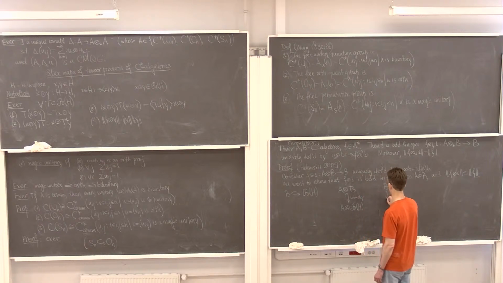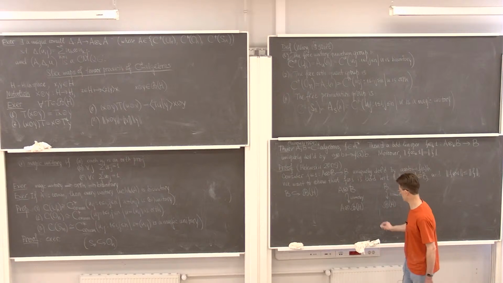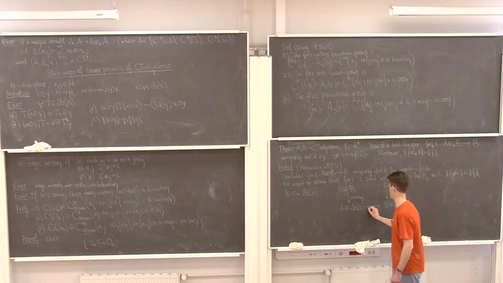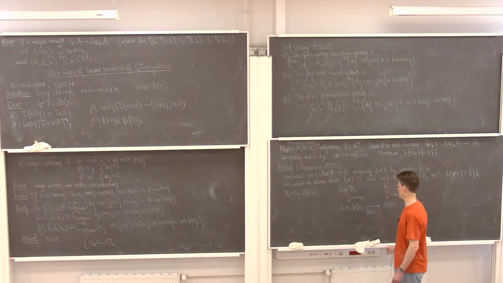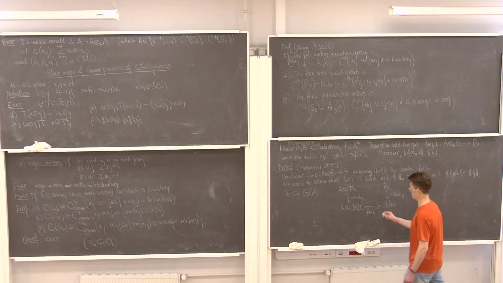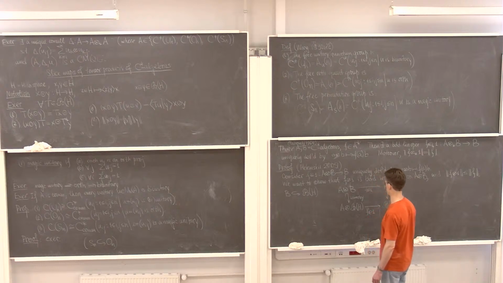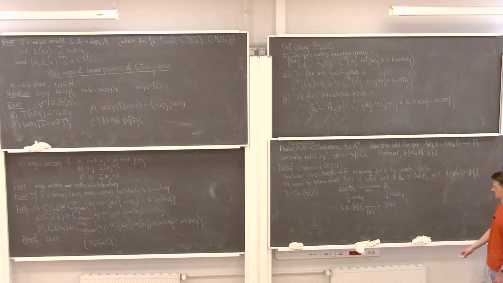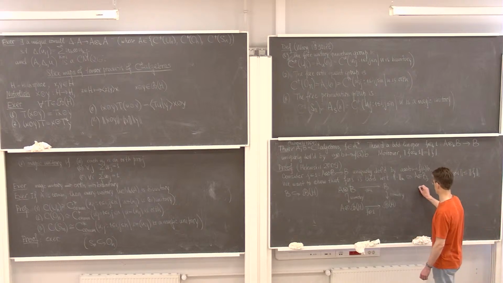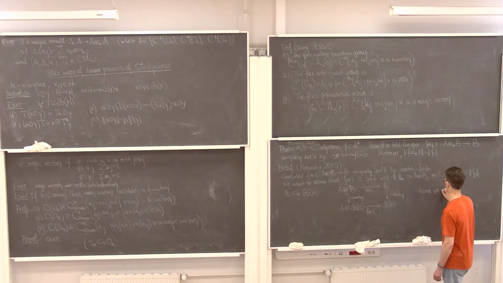And B is embedded into B of H. And let's now observe that if we construct the slice map here, f tensor 1, then its restriction will be exactly what we are looking for. So this picture enables us to reduce the statement to the algebra B of H. So hence we may assume from the very beginning that B equals B of H.